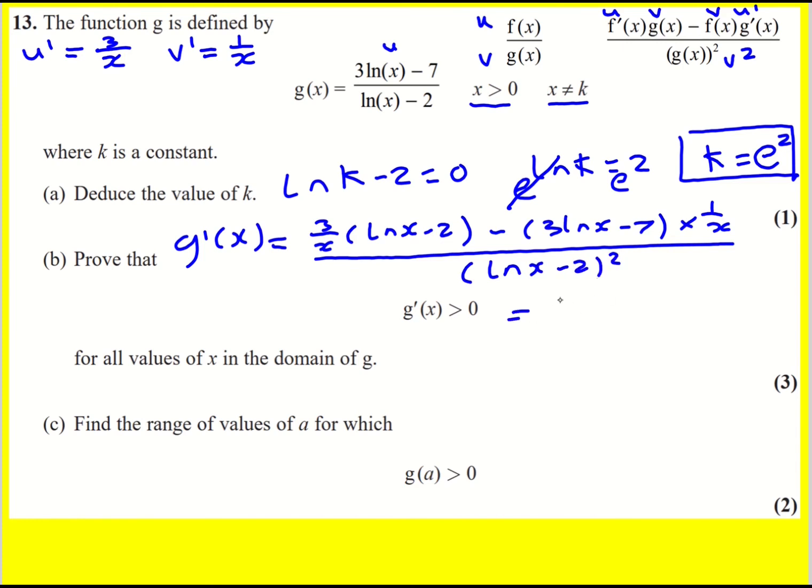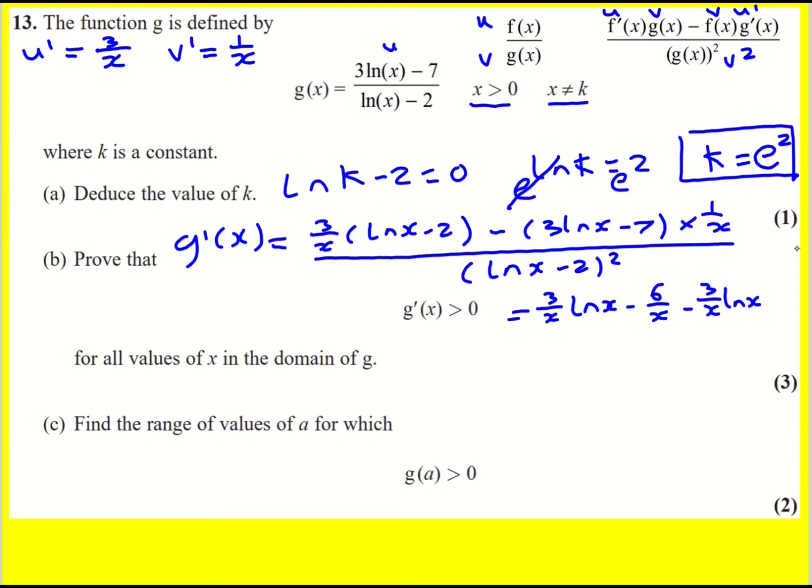Okay, time to expand this up, I think. So we're going to get 3 over x ln x minus 6 over x. You just times the 3 by the minus 2. Then minus 3 over x ln x.